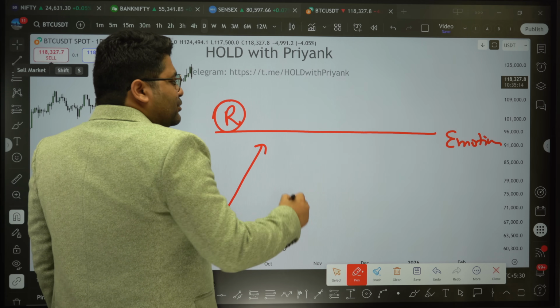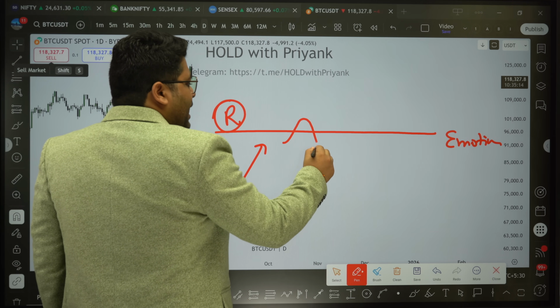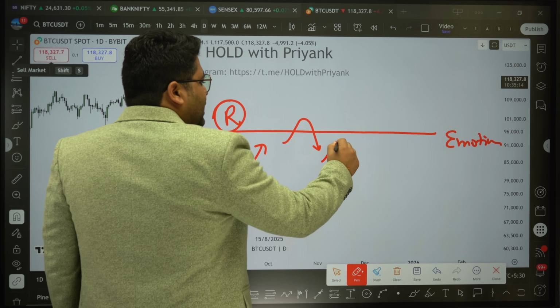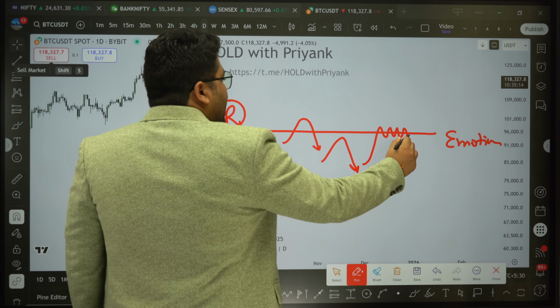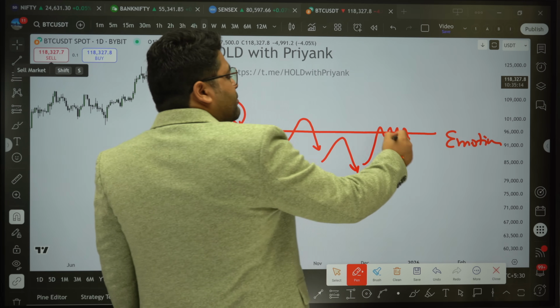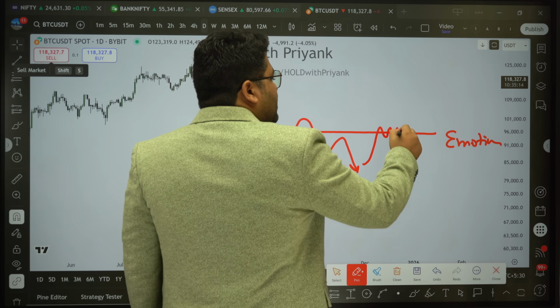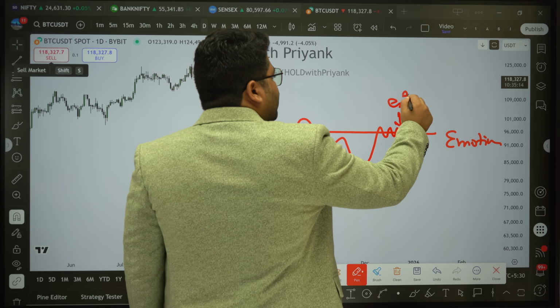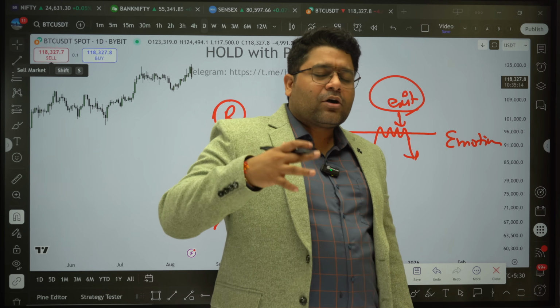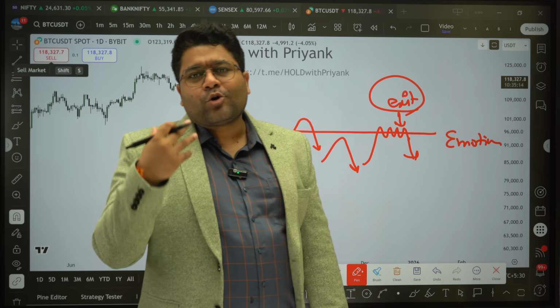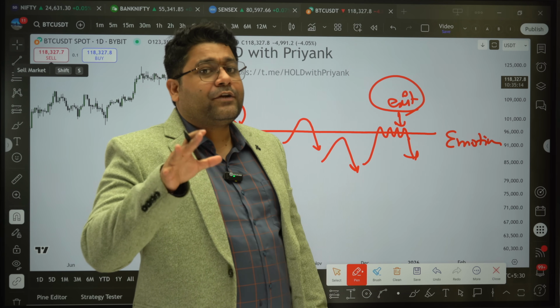But what price likes to do, it sometimes goes a little bit high and drops back. Sometimes it drops a little bit early. Sometimes it goes like this and starts consolidating and we get fed up. And even before price could make its move, we exit our trade somewhere around here, thinking that we are going to hit a stop loss. And that's where your rational decision becomes an emotional decision. And that is what we don't want.